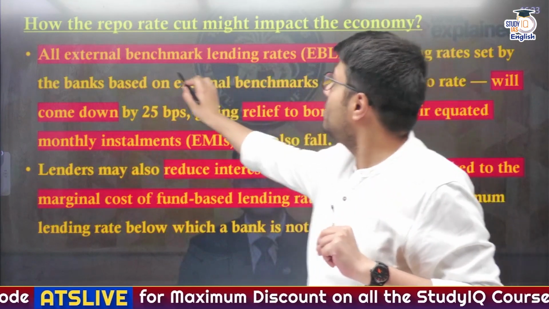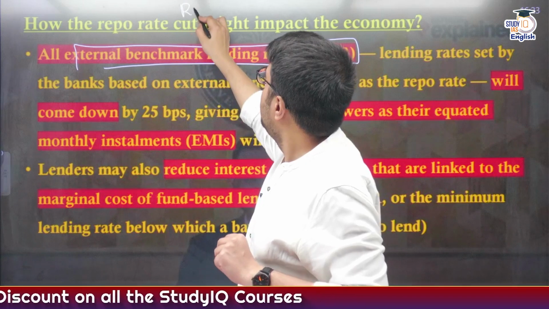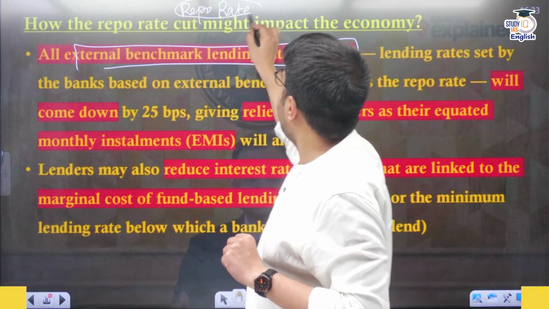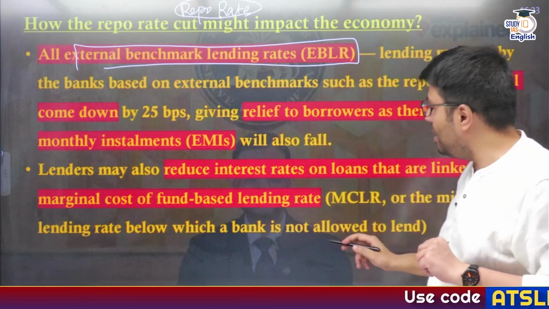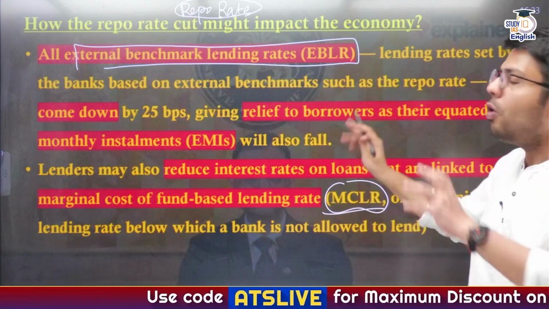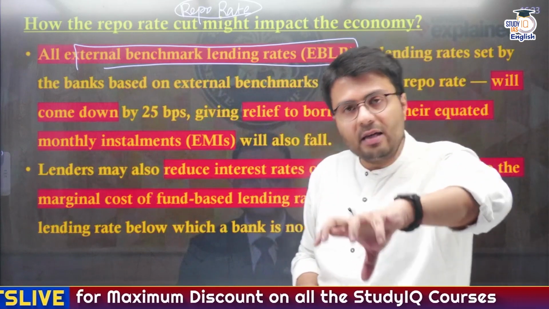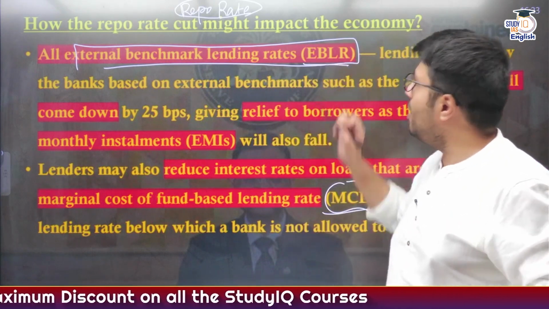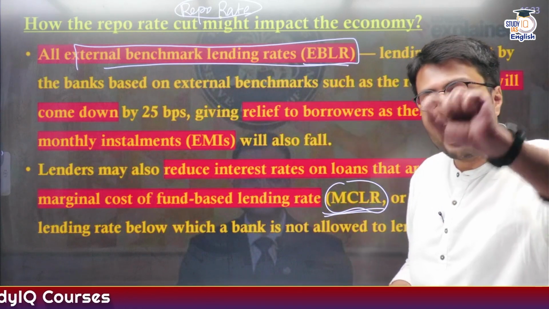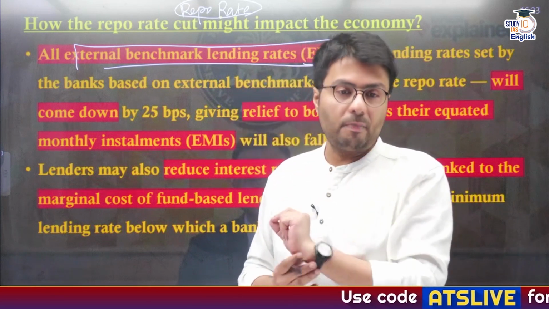First is external benchmark lending rates, and we understand repo rate is one of the external benchmarks which the banks use to calculate their lending rates. Similarly, there is also the marginal cost-based lending rate, which also considers the levels of repo rate. So as repo rate has reduced, both the external benchmark lending rate as well as MCLR will reduce, and therefore banks will now charge less interest on any loans that you take from the banks.